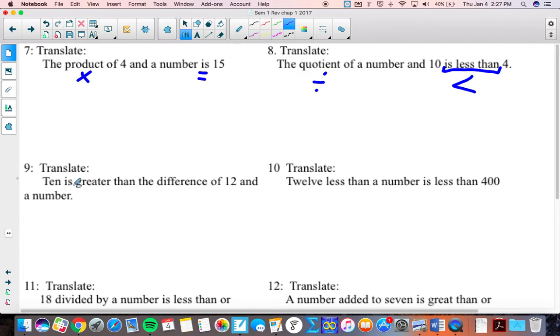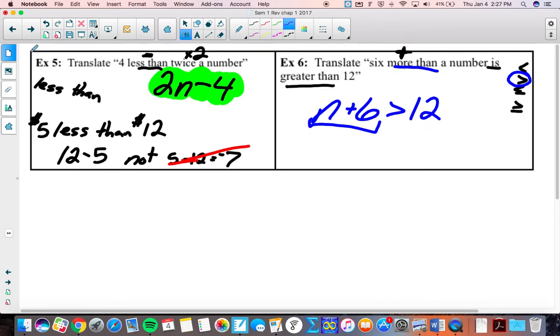Translate here: 10 is greater than. If there's the word is, it means it's one of the inequalities. If it's missing the word is, if it just says greater than, it actually means plus. Similar to how "is less than" is a less than symbol, whereas "less than" without the word is means minus.